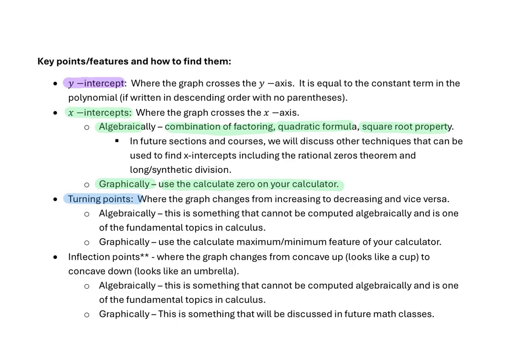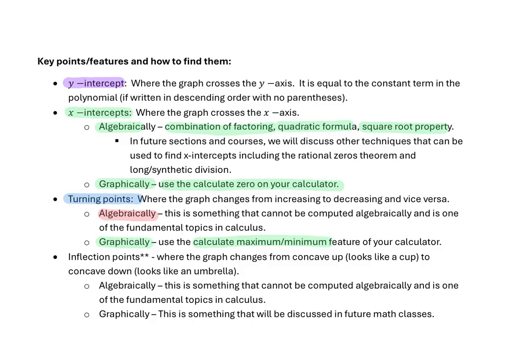Algebraically, this is not something we can compute at the moment. This is one of the fundamental topics in calculus. But in this course, and we're not really going to focus on it, you can do it graphically using a graphing calculator. And what we want to do is calculate maximum or minimum using our calculator.